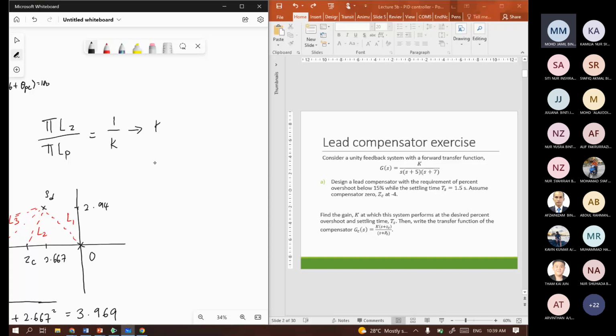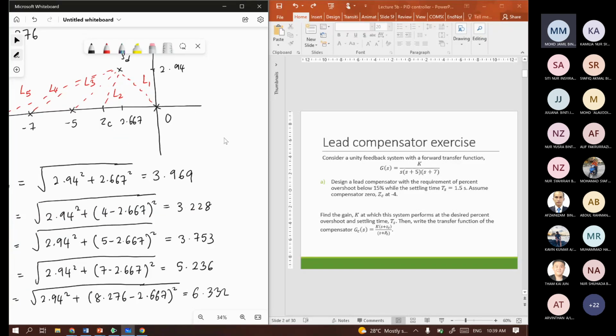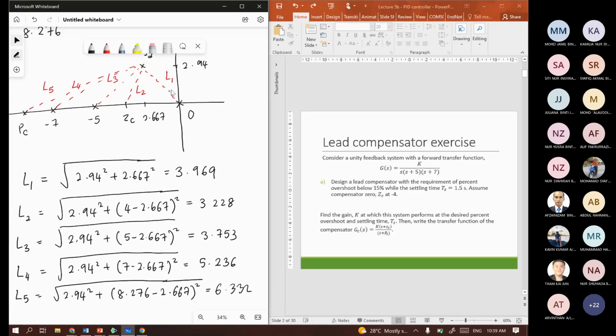So k equals the product of length poles divided by product of length zeros. The lengths of the poles are L1, L3, L4, and L5, while the length of the zero is L2, because it measures from the zero.